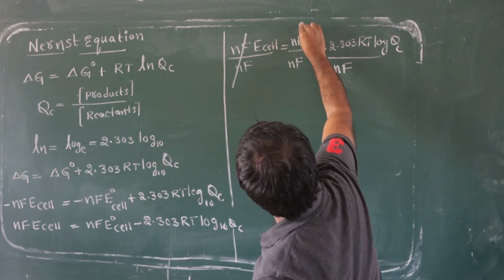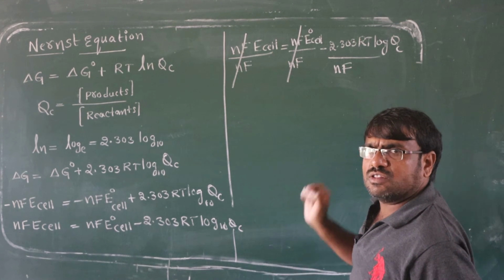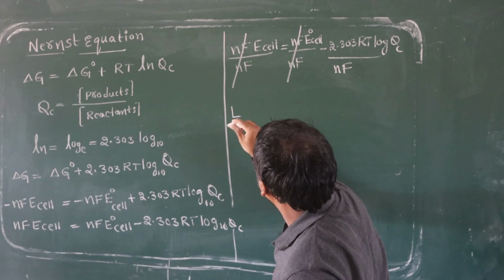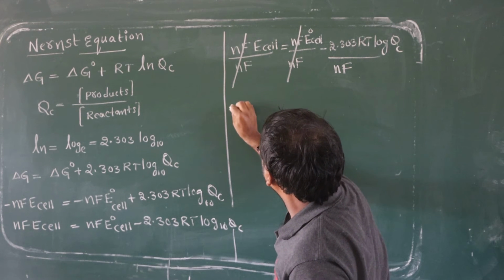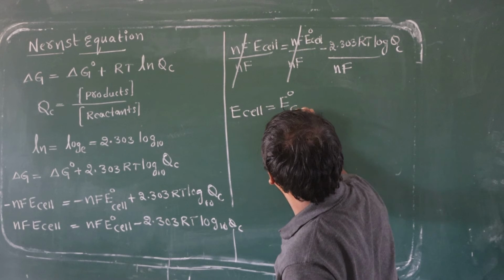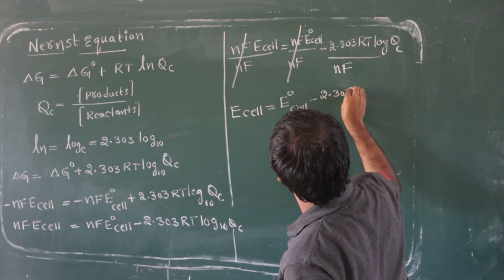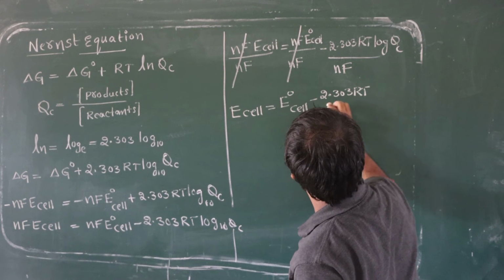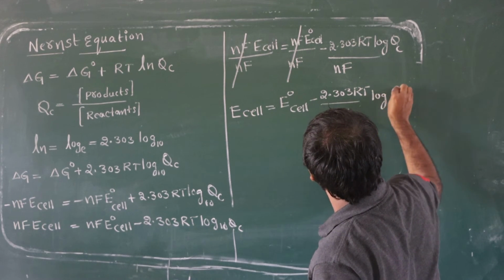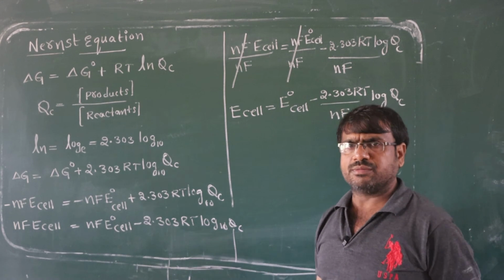Listen, this nF cancels. Then the final equation we get is E cell is equal to E naught cell minus 2.303 RT by nF log Qc. Qc means reaction quotient.